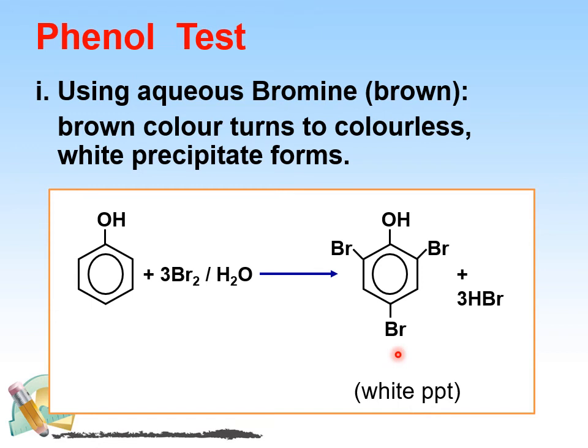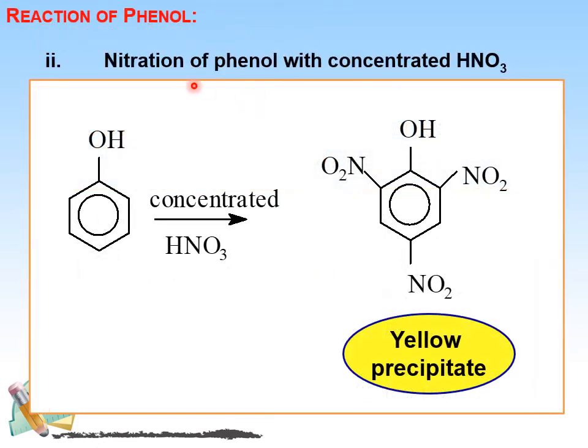The compound is 2,4,6-tribromophenol. The second phenol test is nitration of phenol with concentrated nitric acid, which we have looked at earlier in electrophilic substitution. We are going to produce 2,4,6-trinitrophenol, which is a yellow precipitate.